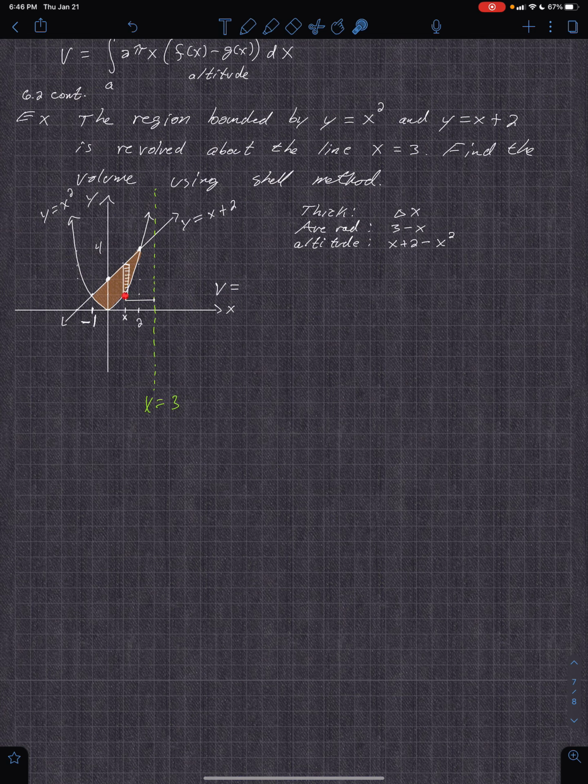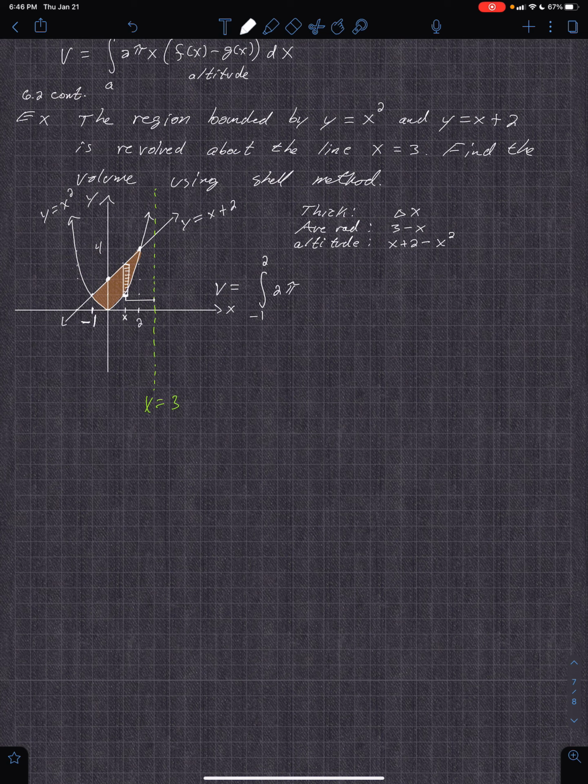And then we're going to be revolving that around the axis like that. So on your integration, you're going to integrate from -1 to 2. Then it's 2 pi, that's basically going all the way around.